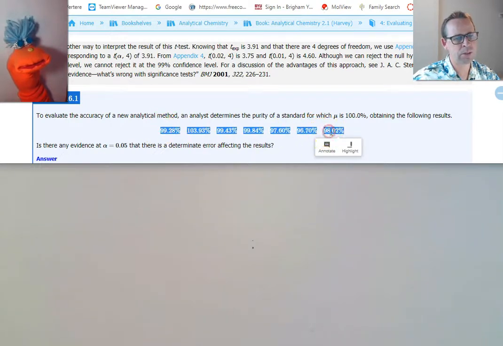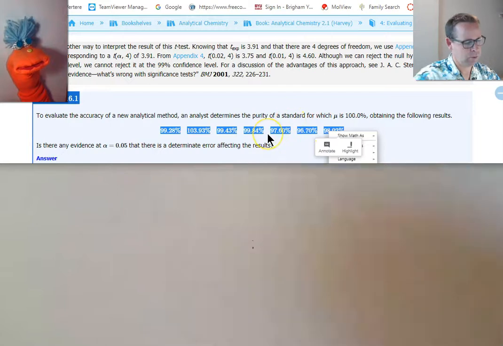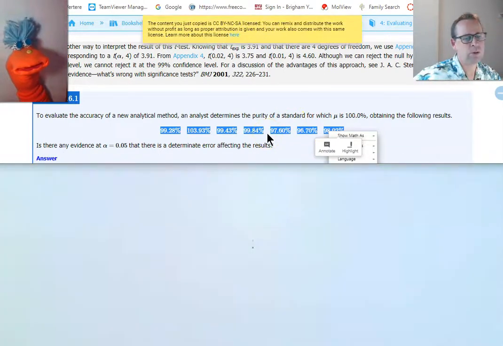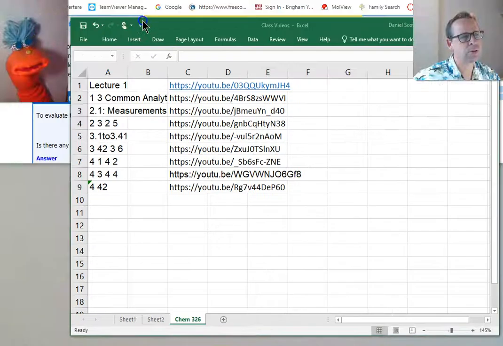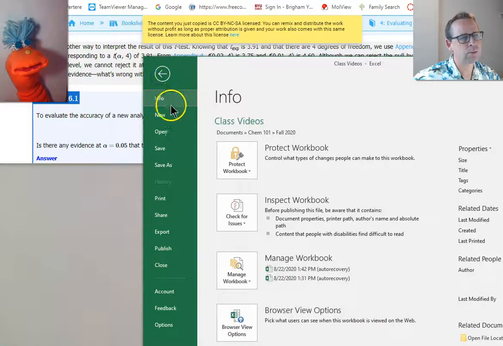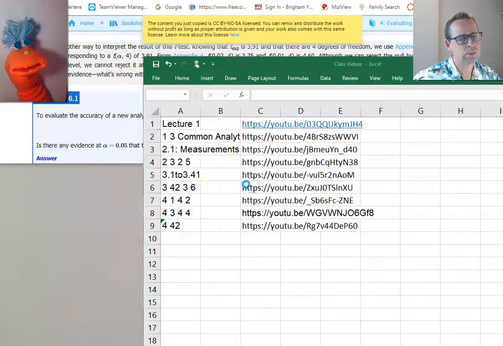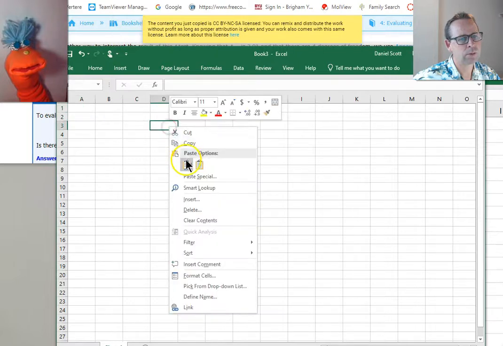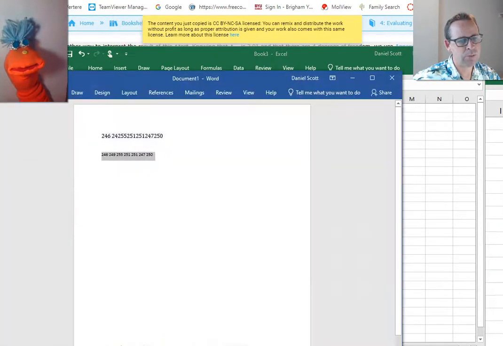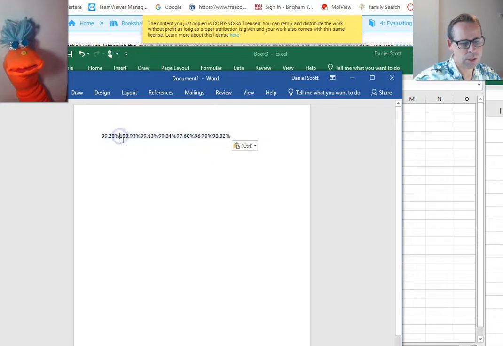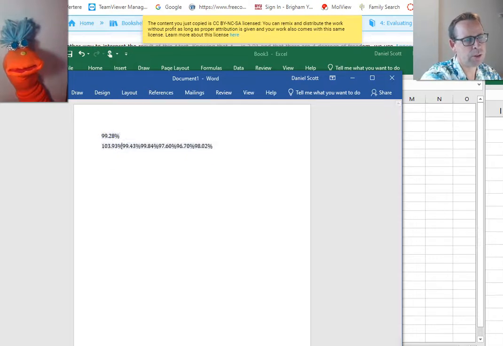So let's see if we can do that here. I'm going to copy this. Whoops. I'm just going to do Control C here, and then I'm going to bring in an Excel spreadsheet. Let's see, what did we find? We found that if we pasted them into Word first, I think it's just going to be easy enough for me to go like this.